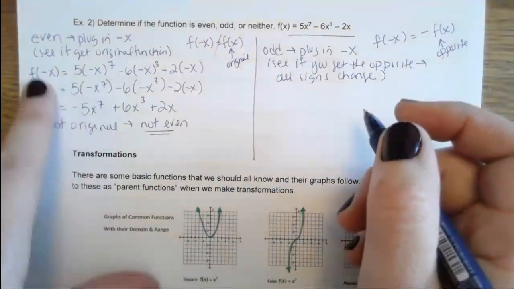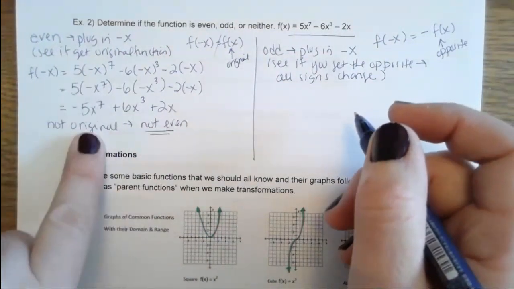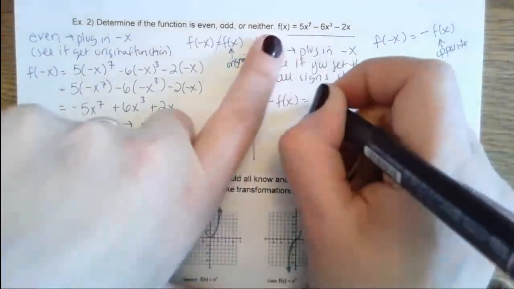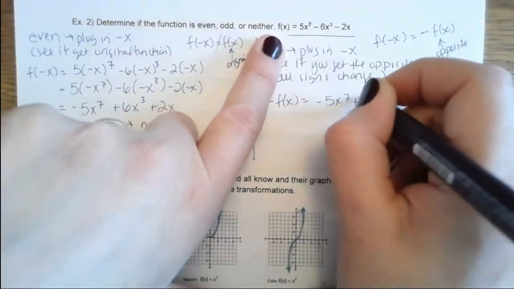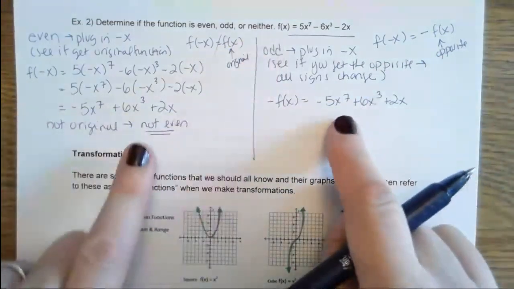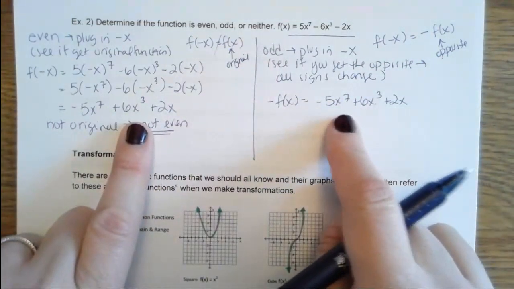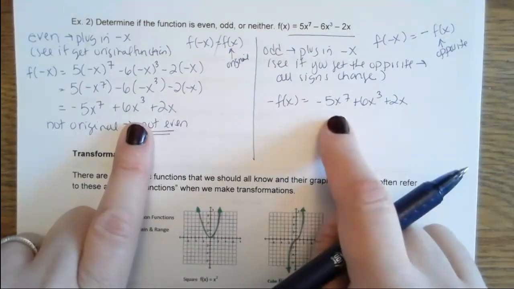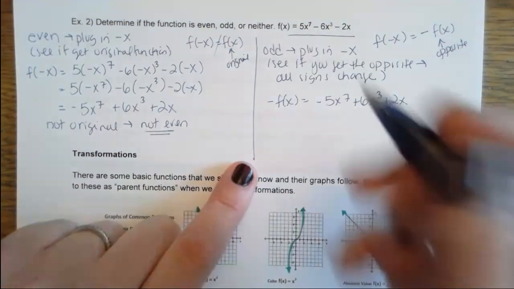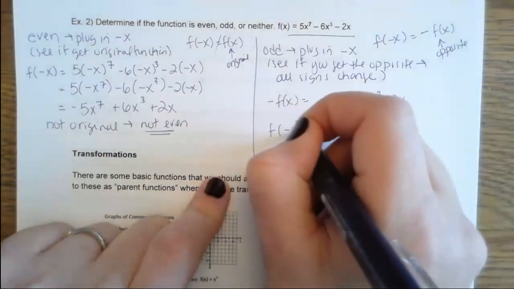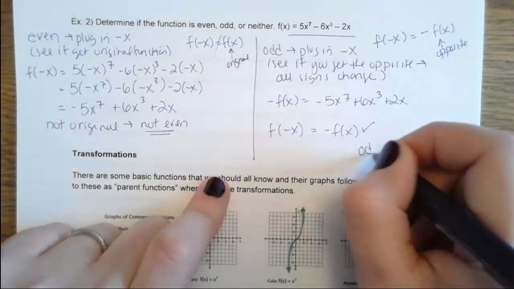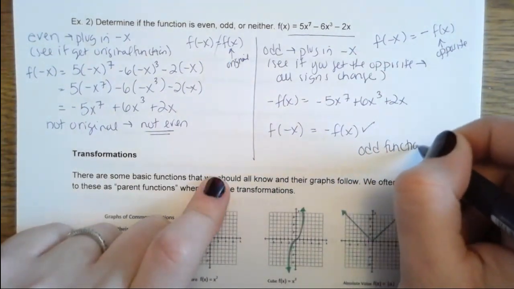Now, we've already done this, right? I know what the negative looks like. What does it look like if I change all the signs over? So the first one will become negative, then positive, and then positive. So is that what we had happen here? Yes, right? All those signs changed over. So we did get the opposite, right? So we're seeing here that when I plugged in a negative, I got the opposite of all those signs. So this is in fact an odd function.